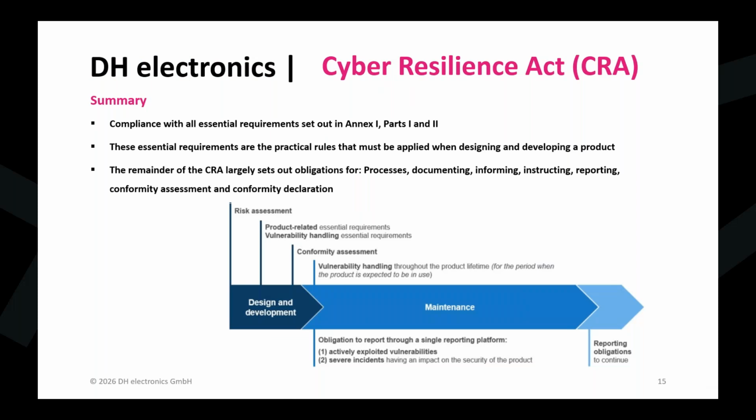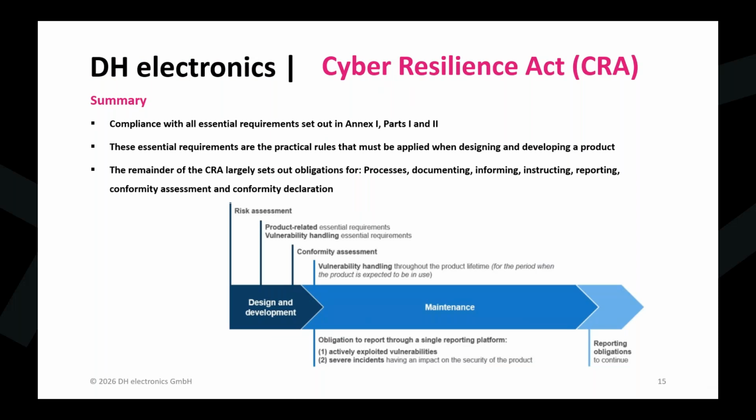Before we move on to the next topic, let me do a quick recap of what we've covered so far. There was quite a lot of information. Product properties and vulnerability handling must comply with all essential requirements in Annex 1, Parts 1 and 2. These essential requirements are the practical rules you need to apply when designing and developing a product.